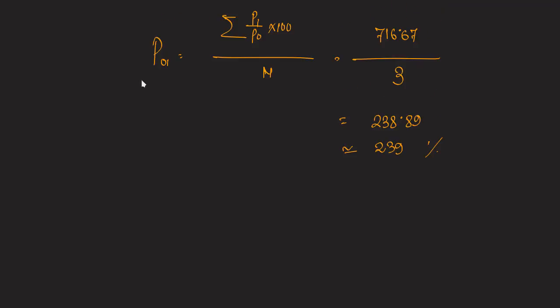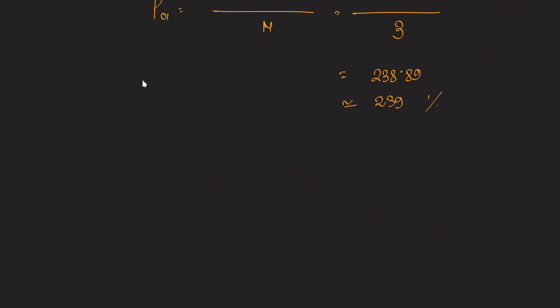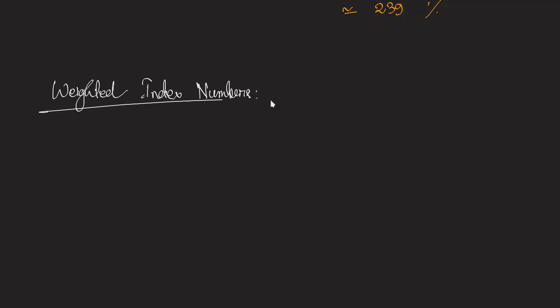Third method is, now this is the first section, right? Unweighted method of construction of index number, that duta asile, eta hol simple aggregate, eta hol simple average of price relative. Now we will study weighted index numbers, right?